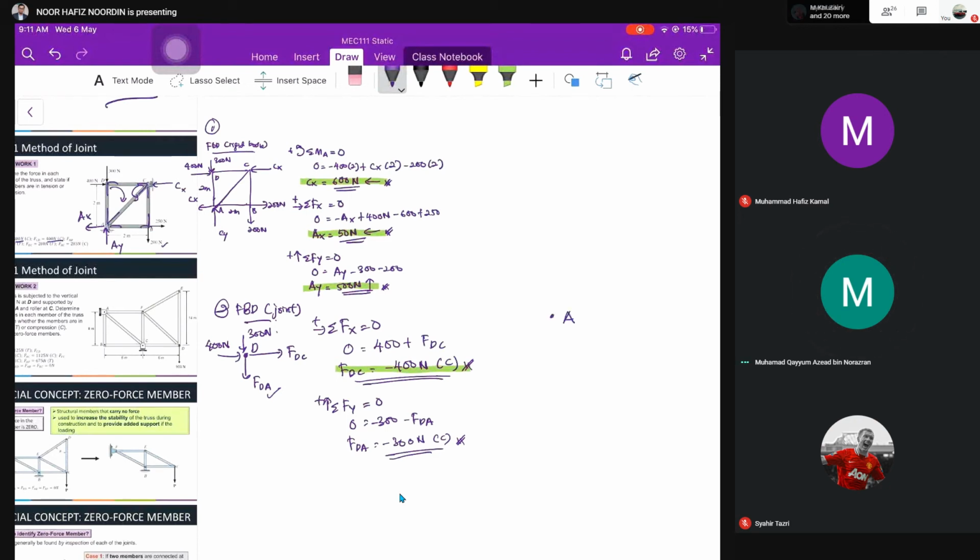Point A, kita ada AY. AY kita punya value adalah 500 Newton. And then kita ada AX, which is direction dia ke sana, sebanyak 50 Newton. And then we have ini adalah FTA tadi yang kita kira. And then we have FAC. And then we have FAB.